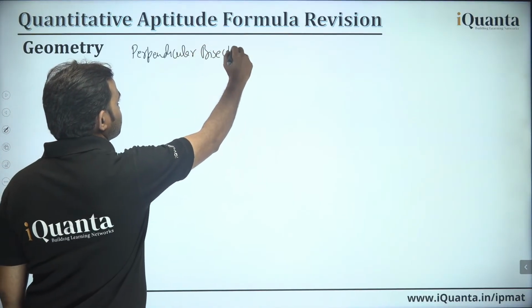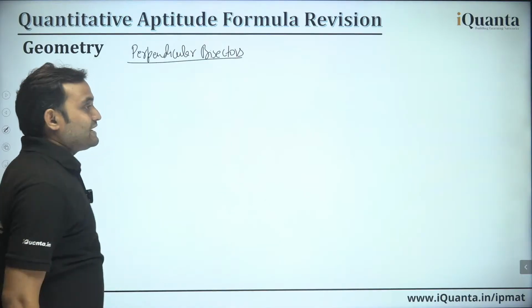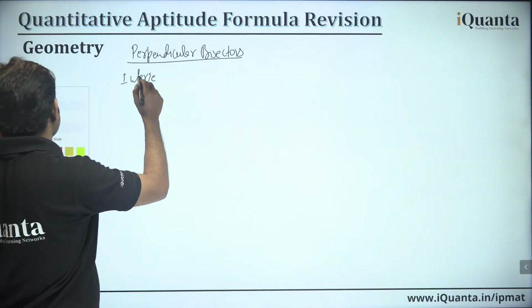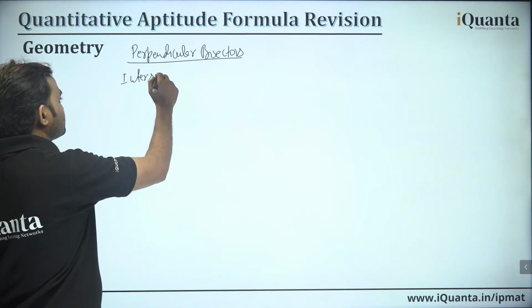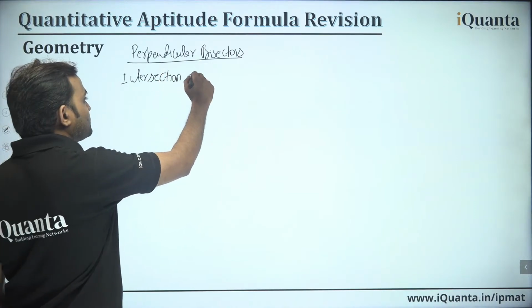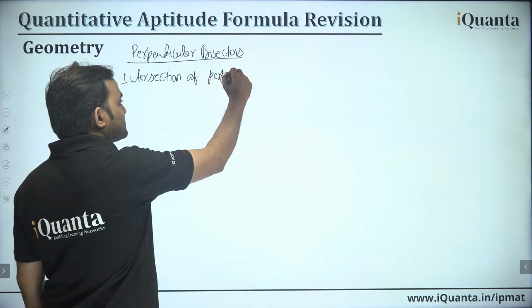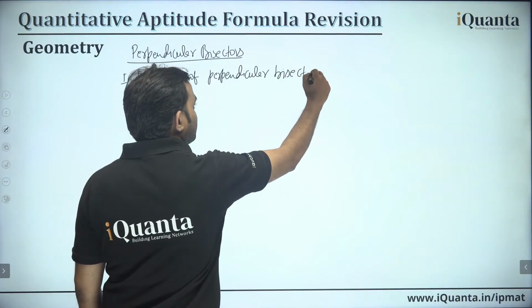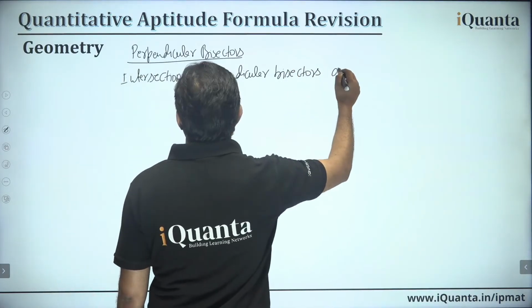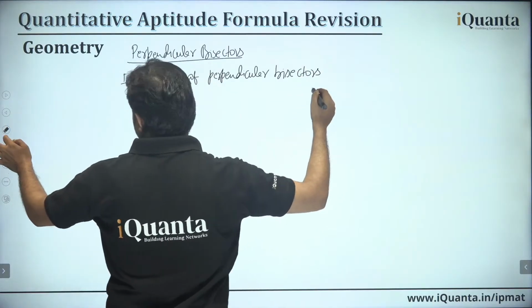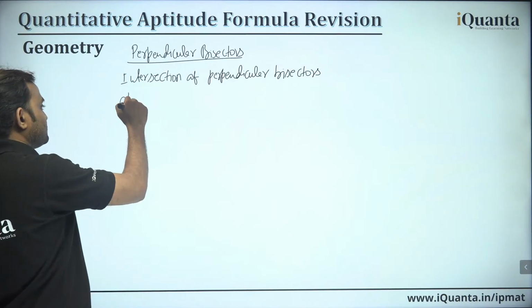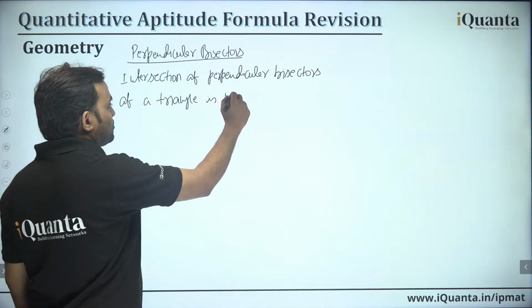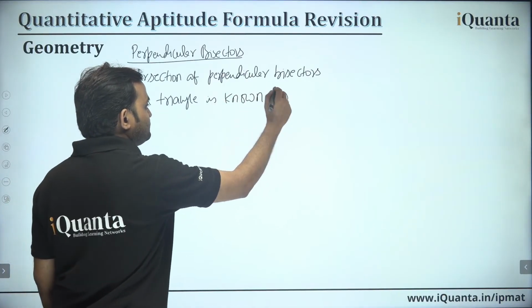In any triangle, the intersection of perpendicular bisectors of a triangle is known as, what can we say?